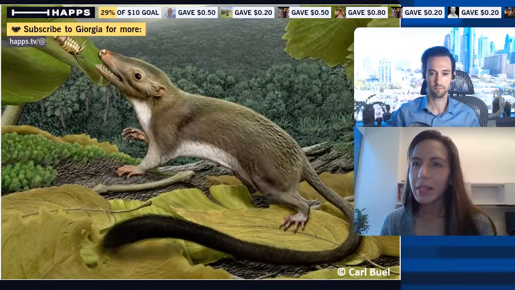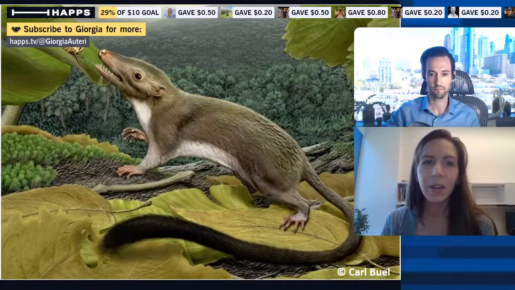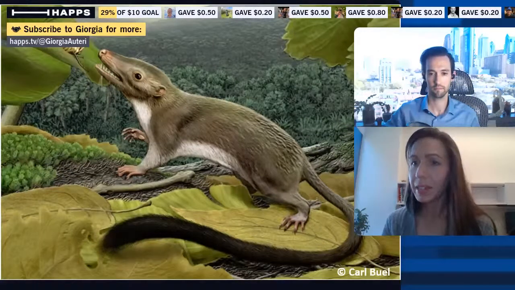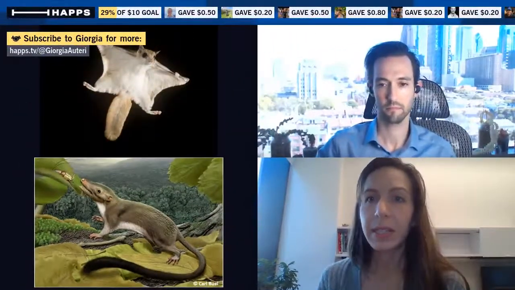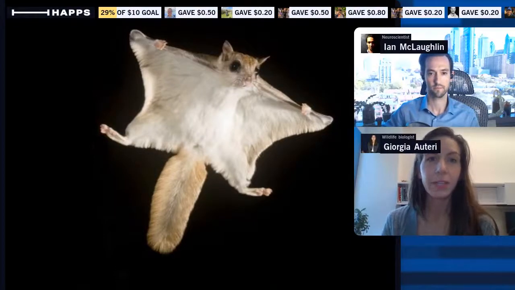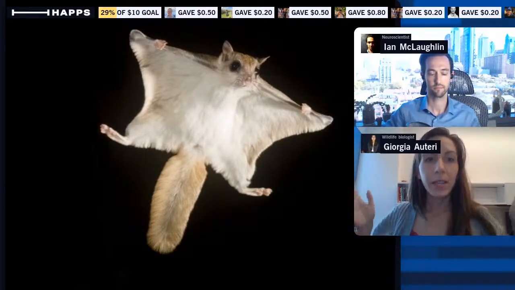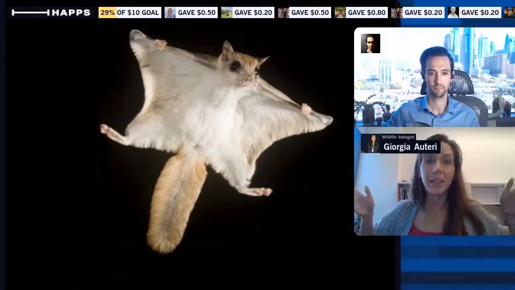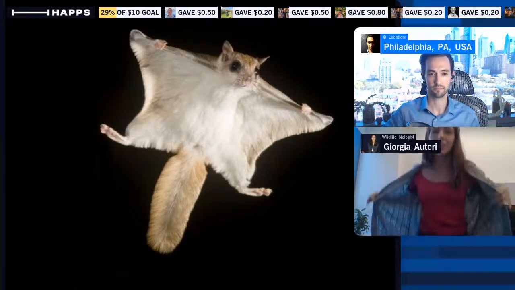After that stage, the idea is that the ancestor of bats was this little thing crawling around. Then later, it was an animal that glided. It didn't have powered flight, it didn't have wings, but it had skin stretched out between its feet so that it could glide. I can even do this kind of with my sweater.